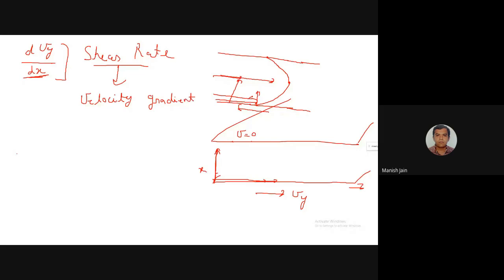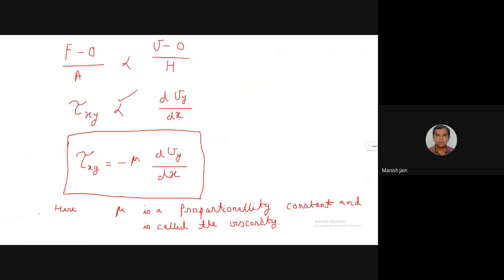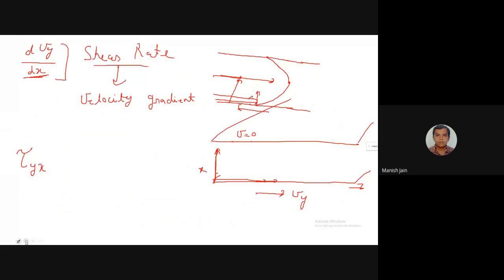So basically what Newton's law tells you is tau yx or tau xy equal to minus mu dv_y by dx.